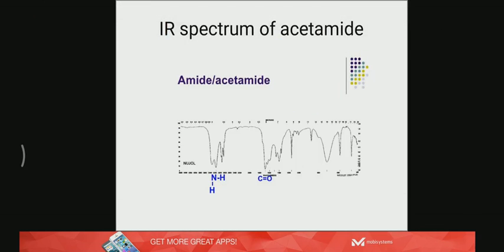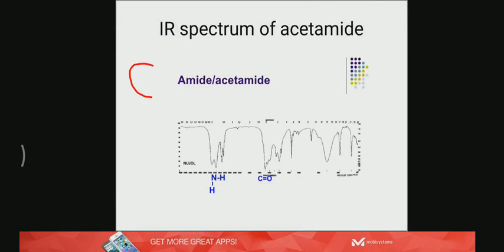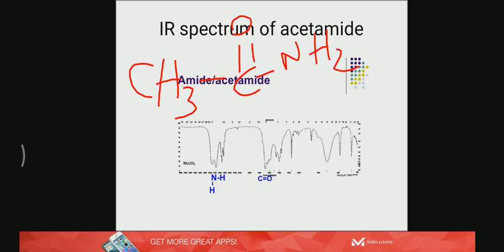And finally, we have amide. This is acetamide. You know the structure of acetamide. CH3, CO, NH2. This is acetamide. Okay. So what are the characterizing peaks? Of course, just like amines, this NH2 group is there, so it will show NH frequency, and you can see it's something like a doublet, right?